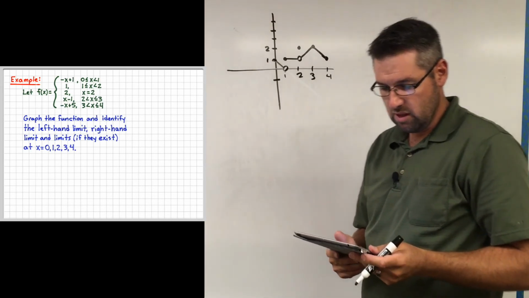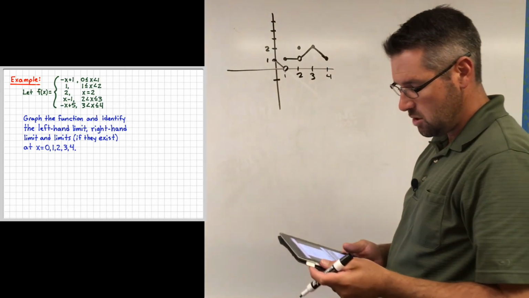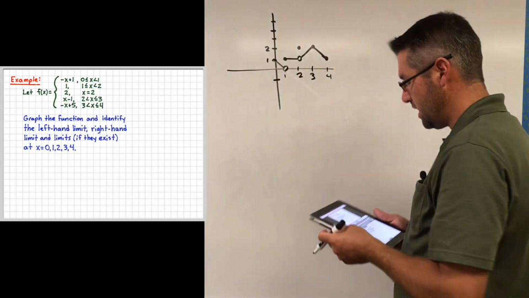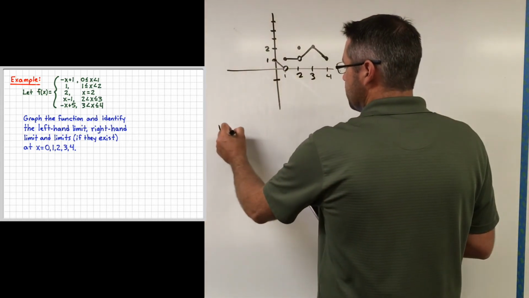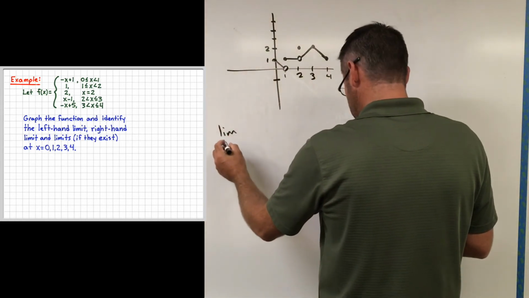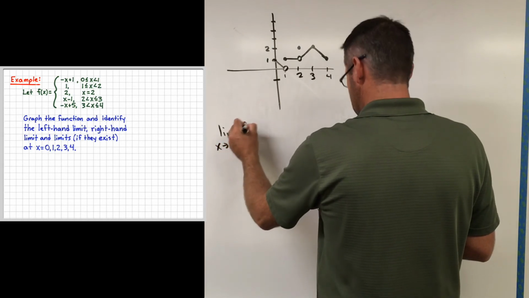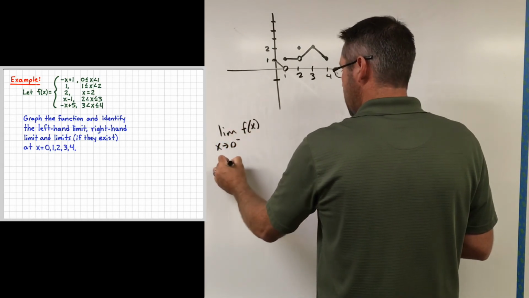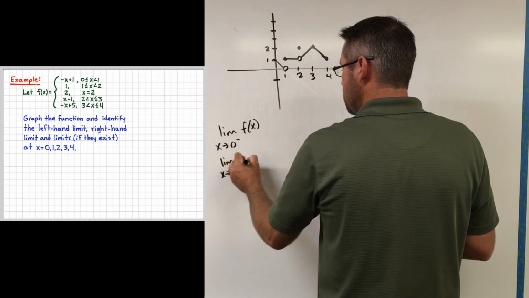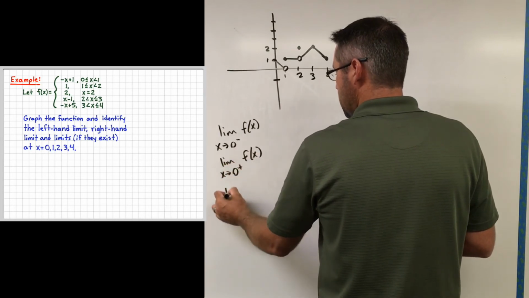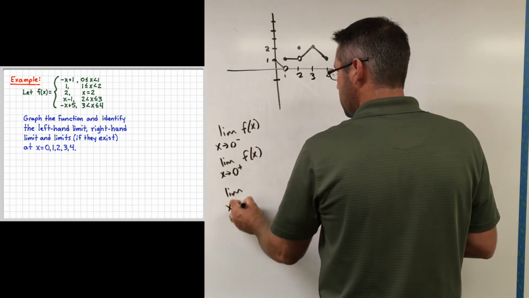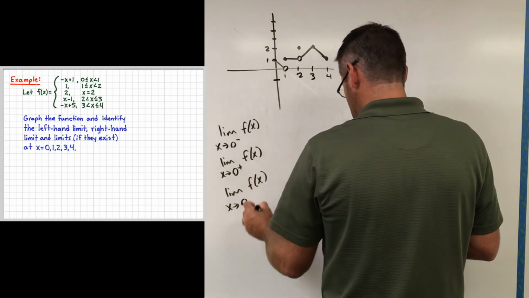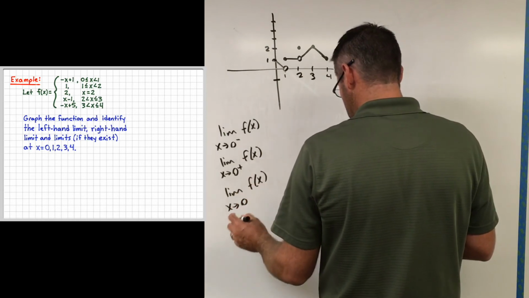And we are looking for the left and right-hand limit at each one of these. So the limit as x approaches 0 from the left, the limit as x approaches 0 from the right, the limit as x approaches 0, okay, left-hand limit, right-hand limit, and limits.